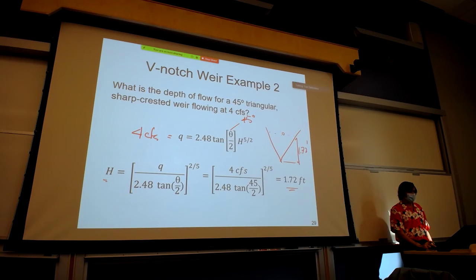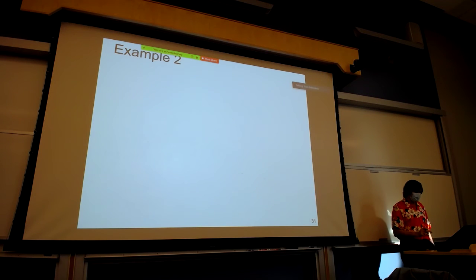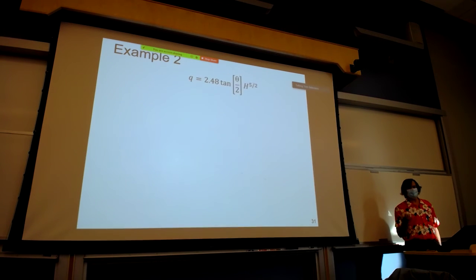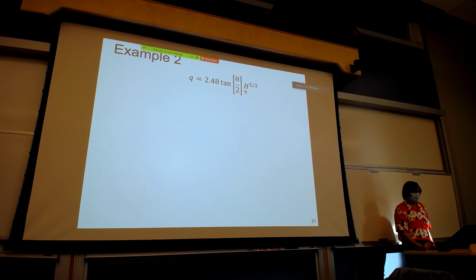And if we use the same weir, 45-degree V-notch weir, and we were asking the question, well, what's the rating curve? What you would do is vary h and calculate q. So again, this is the equation of our sharp-crested V-notch weir. And now what we're going to do is put in everything we know.